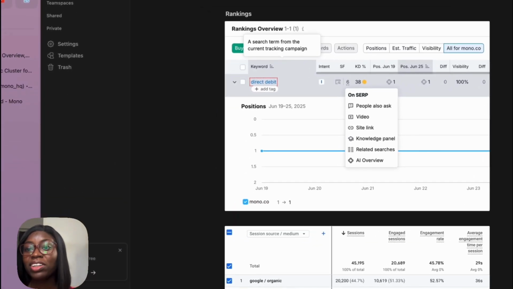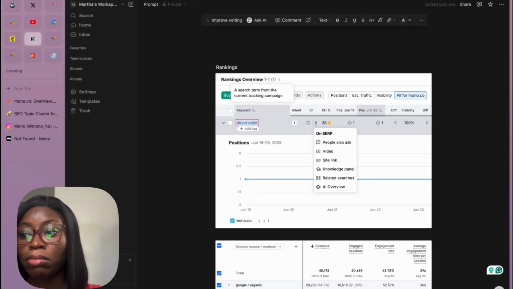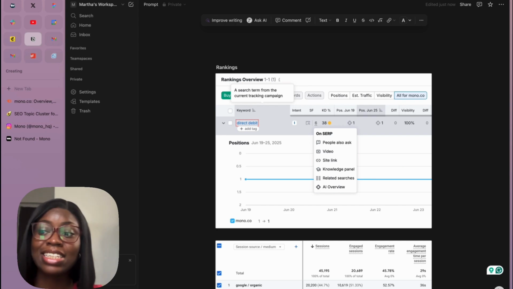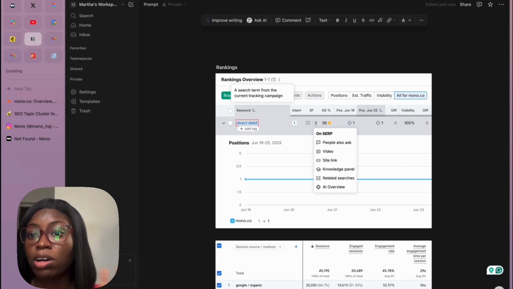I should point out that when we published the pillar page article, within a week we were already ranking at position one for that target keyword on the first page of Google. Then it became a featured snippet. And this is by just publishing it on our blog and not sharing it anywhere else.